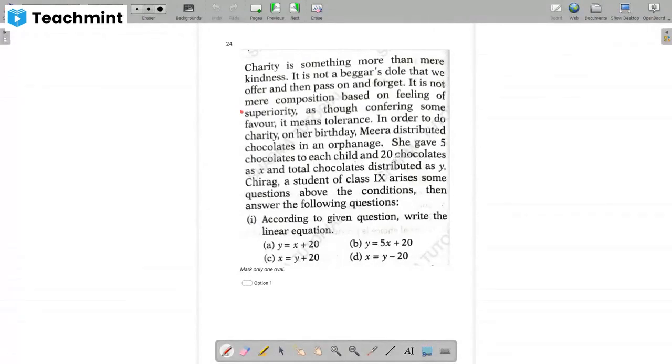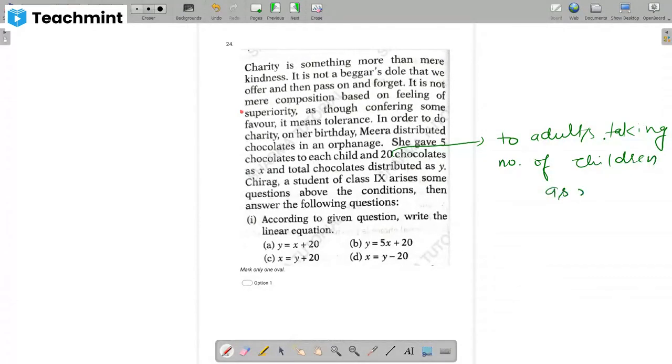There is something missing here. The correct thing is she gave 5 chocolates to each child and 20 to adults, taking the number of children as x and the total chocolates distributed as y.